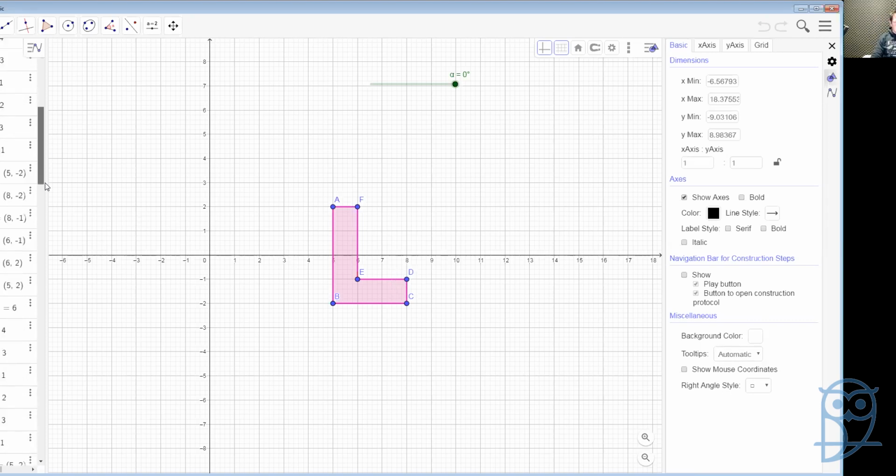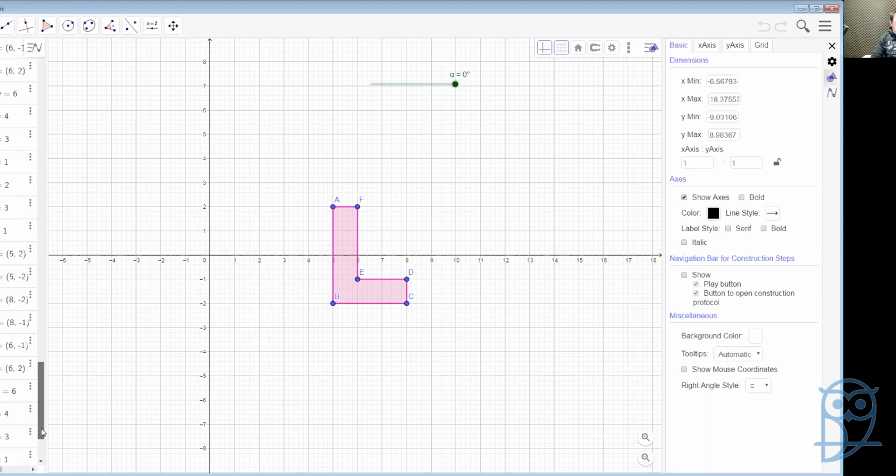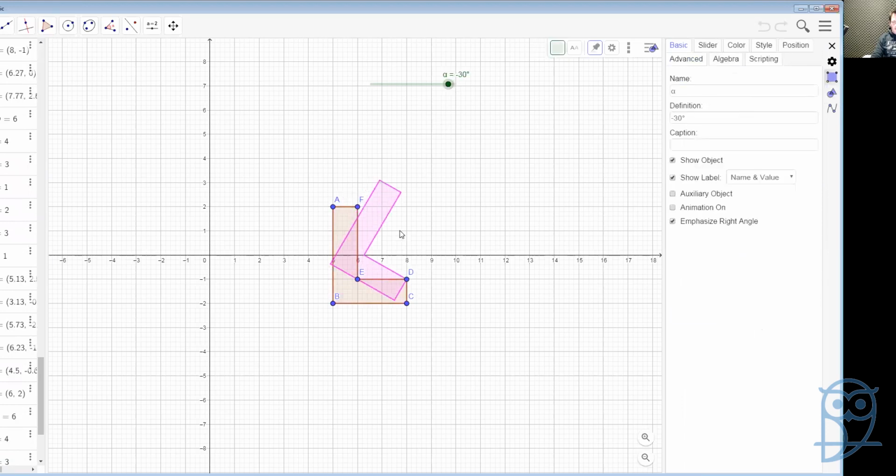All right, so I am currently going to be rotating about D. That is what is in motion at the moment. So if we rotate D, we can see D as the pivot point. So imagine putting a tack or a thumbtack into a board at D, and then you just rotate it around. We can see it rotating through. And I will get it to 90.